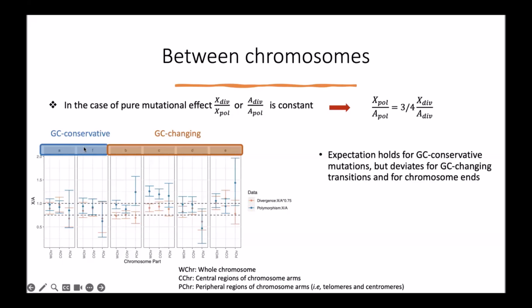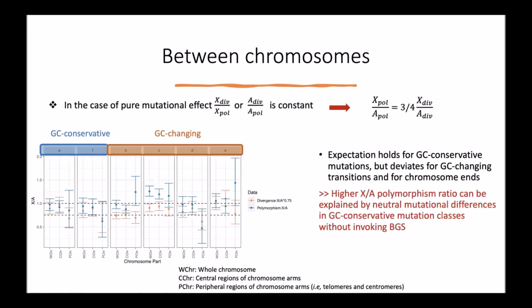In this case, the expectation holds for the GC conservative mutation, but deviates for the GC changing transition, pointing out that background selection is not causing the differences, but the mutation rate differences can explain the deviation in the X over A polymorphism ratio. And most probably the dynamics of GC-biased gene conversion between autosome and X are changing for the GC changing transitions.